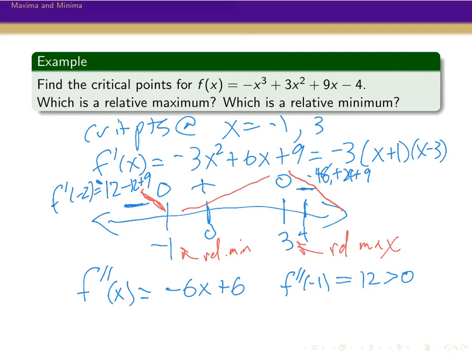So it's concave up, which means that it is a min. If we plug in 3, I get minus 18 plus 6, which gives me minus 12. And so we can see this is less than 0. And so this is concave down, which means that it is a max. Okay.